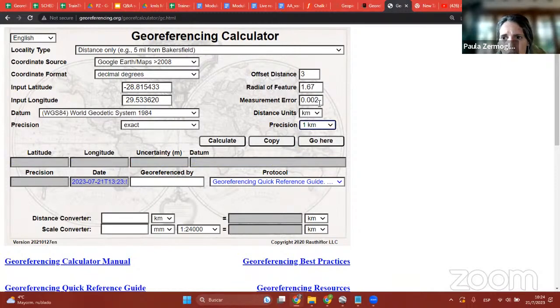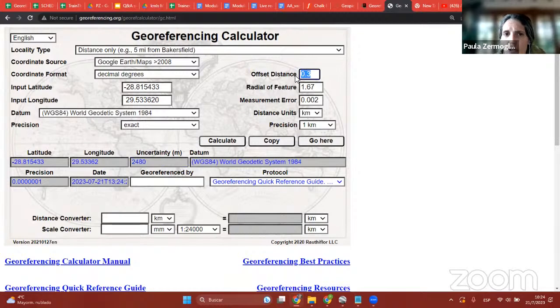And the offset distance is the other option. Let's see what happens if we have a much smaller offset distance, let's say 0.3 kilometers, and see how it changes. It goes to half. So the offset distance in this case is contributing a lot to the uncertainty.